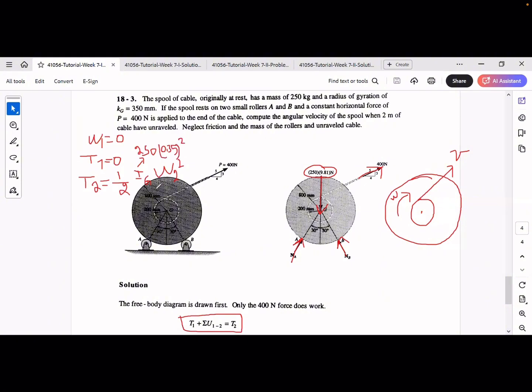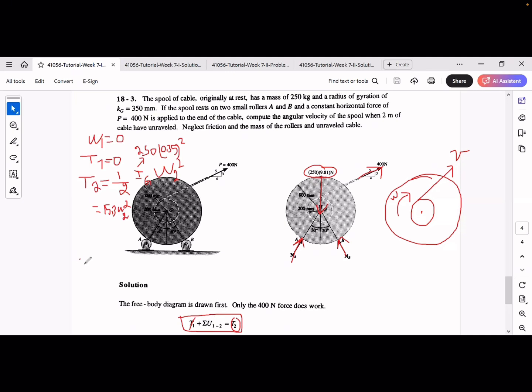So this would give me T2 to be 15.3 omega 2 squared. So far T1 is 0, and T2 I just found, 15.3 omega 2 squared.